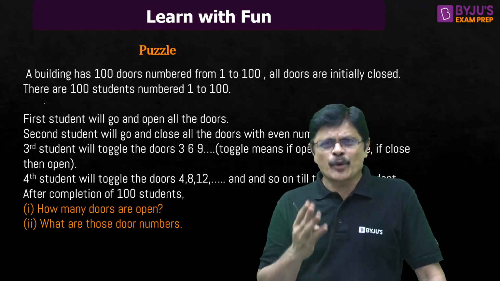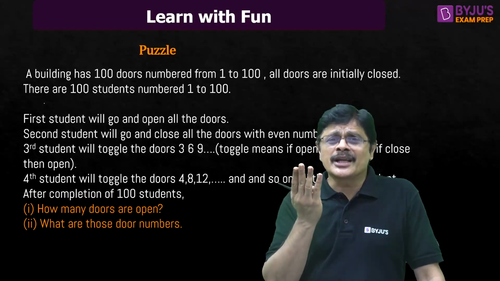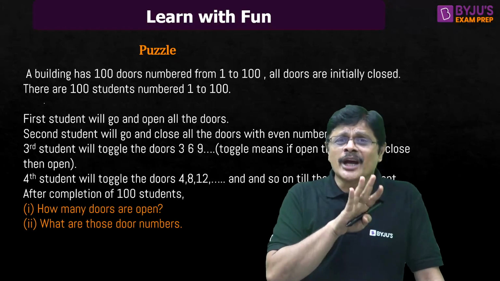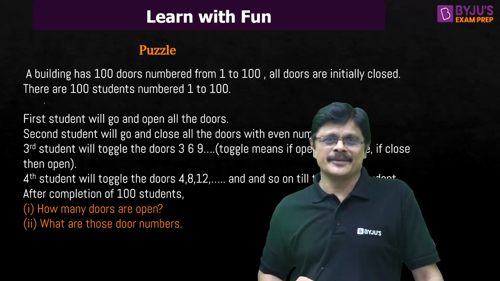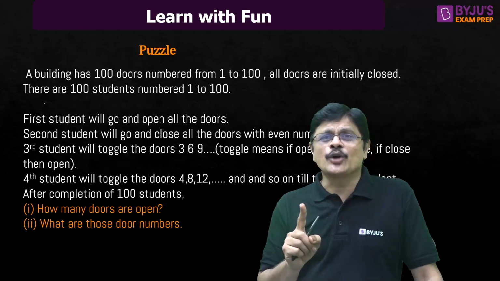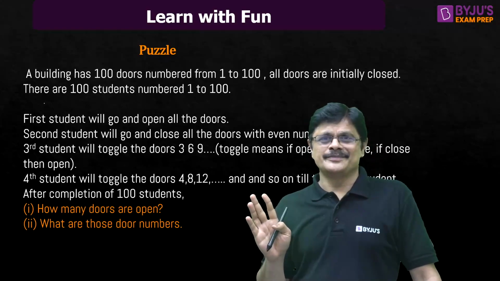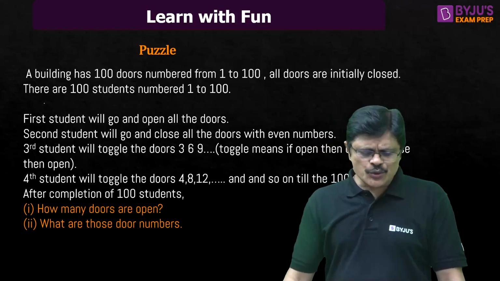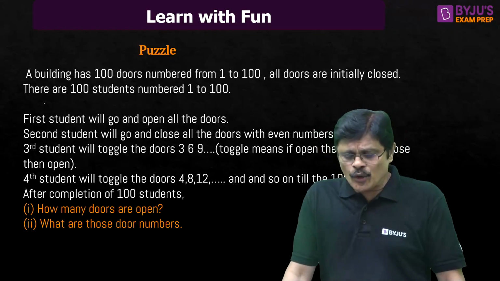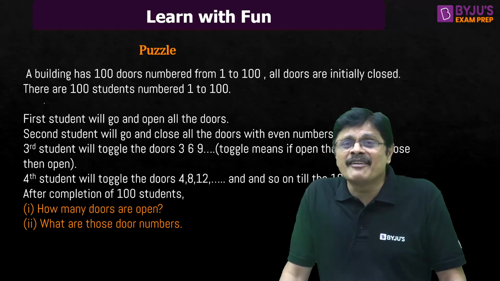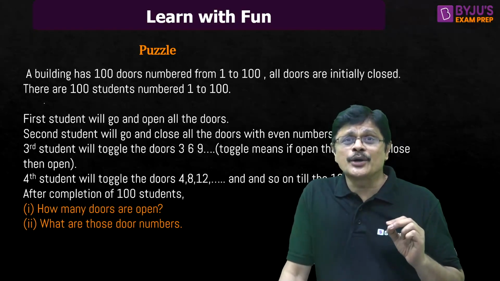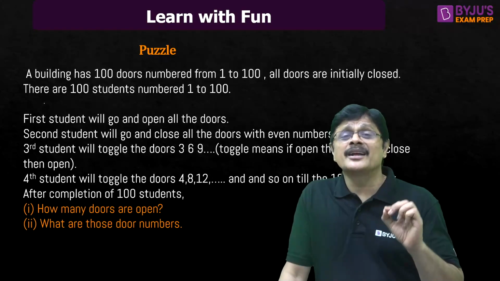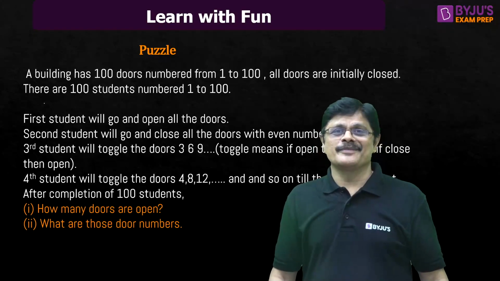See, this particular process of closing the opened door and opening the closed door is what is known as toggling. So the first student toggles all the doors, whereas the second student will go and toggle the doors with even numbers. That is, the second student toggles the doors whose numbers are multiples of 2.